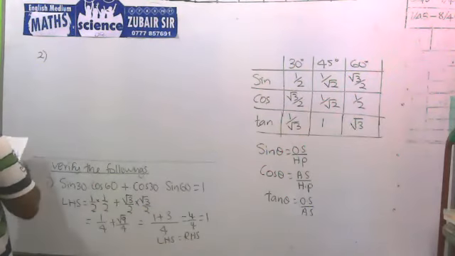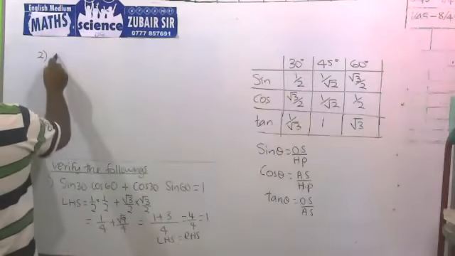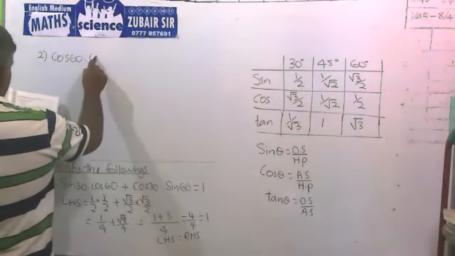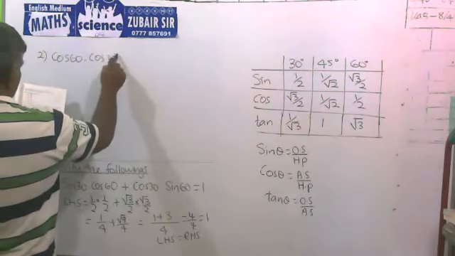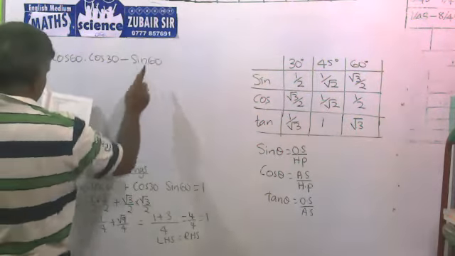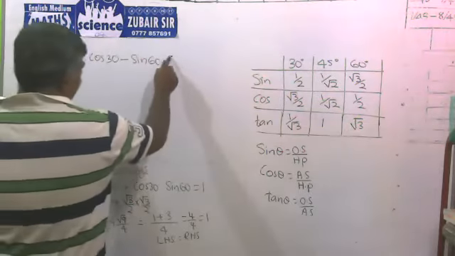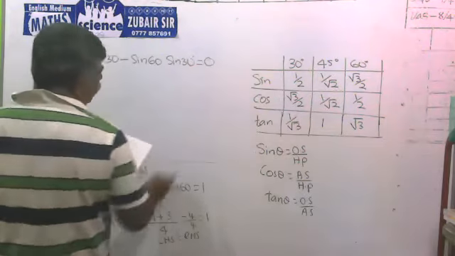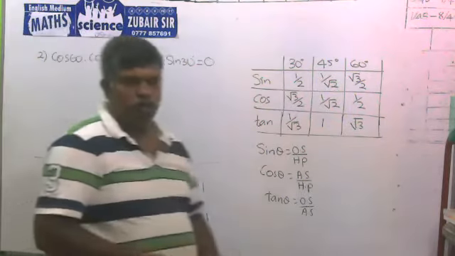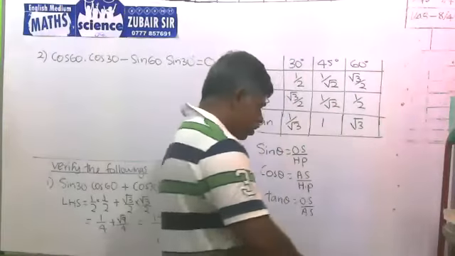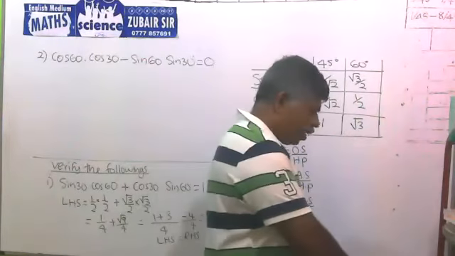Then the second sum they are giving like this: cos 60, cos 30 minus sine 60, sine 30 equals 0. So I have to show that this one is equal to 0. So just give a try and see.